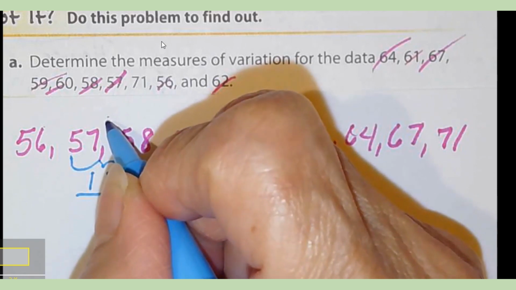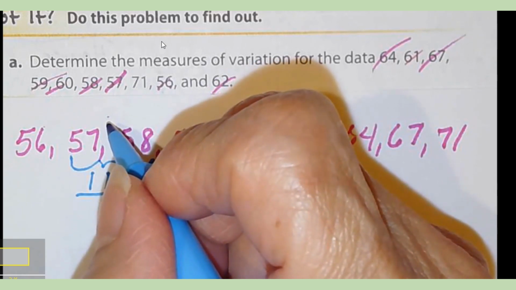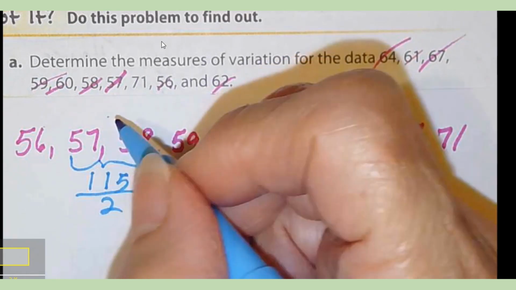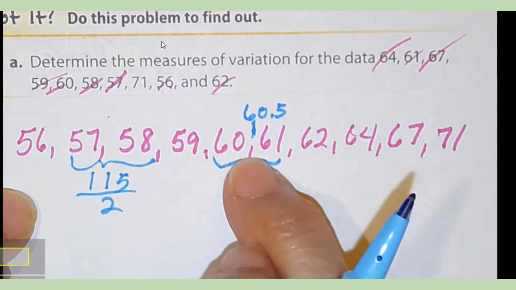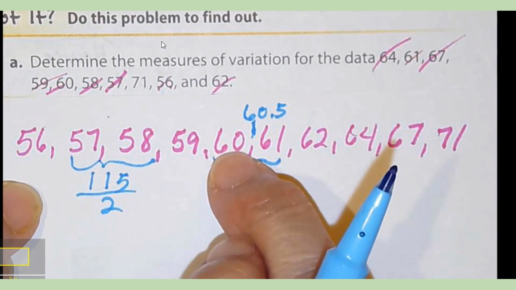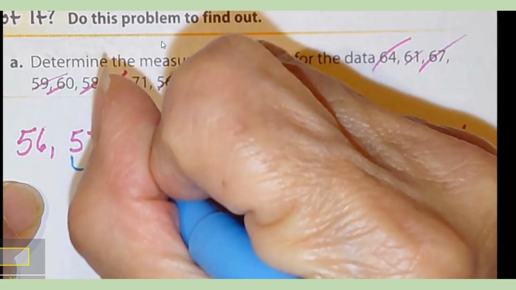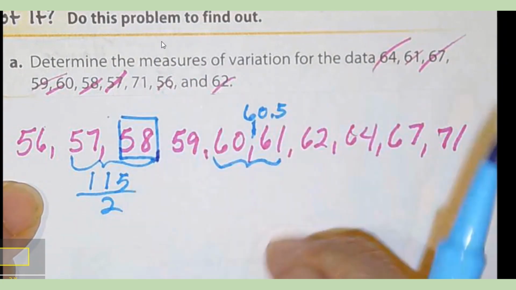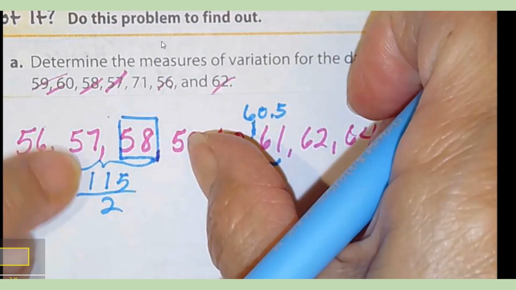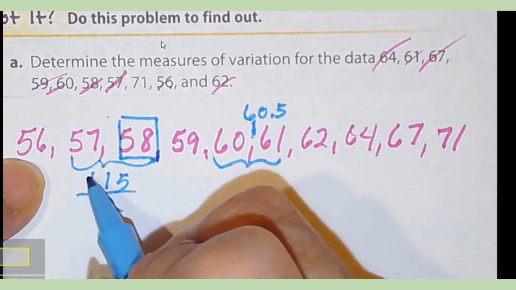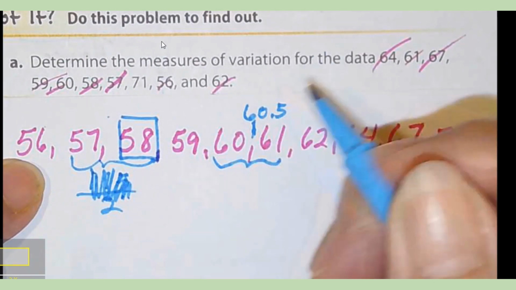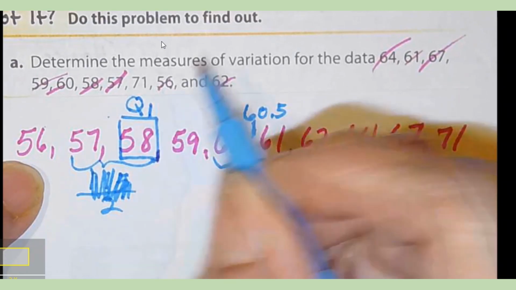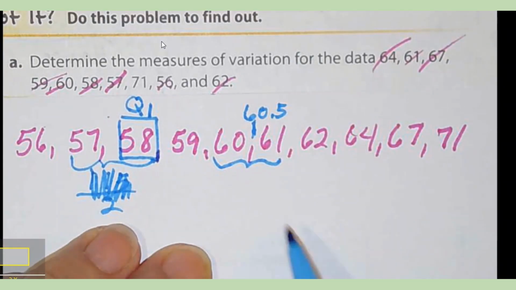So Q1 is going to be in between these right here. Actually, this is actually my Q1, because you have 1, 2, 1, 2. It's actually in the middle. I didn't even need to do this. I wish I would have known that. So this right here is my Q1. Okay.